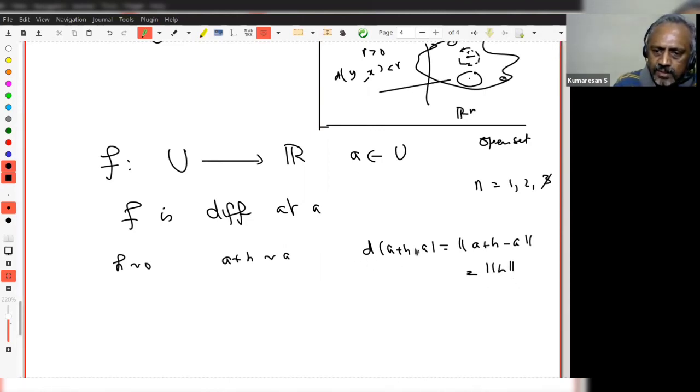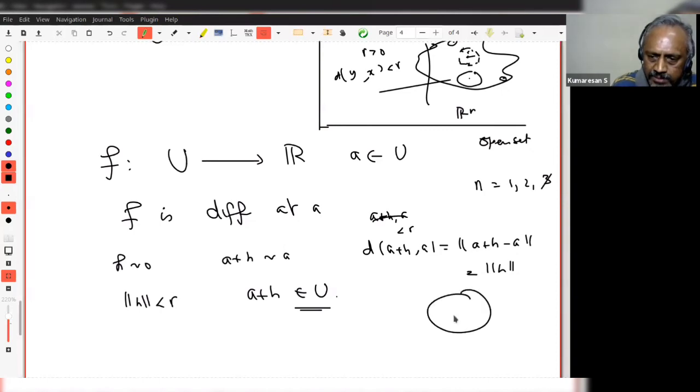So we know that for all y at a distance less than r, if the distance between a plus h and a is less than r, that means the same as saying the length of the vector h is less than r, then a plus h will be in U. How many of you understand what I'm saying?